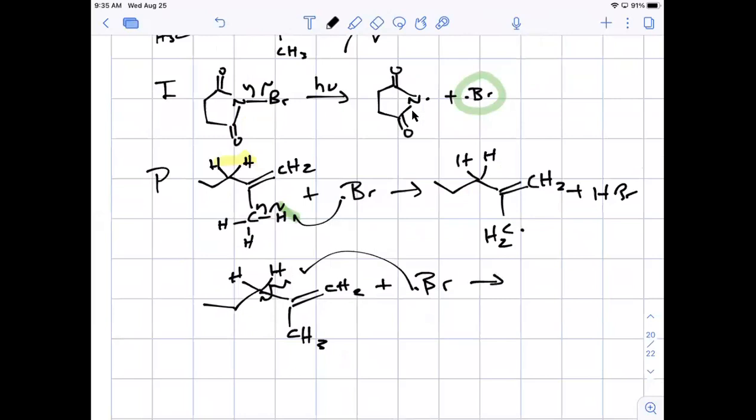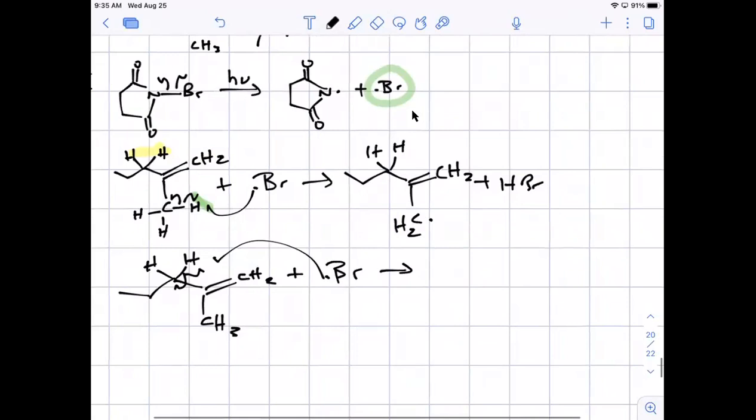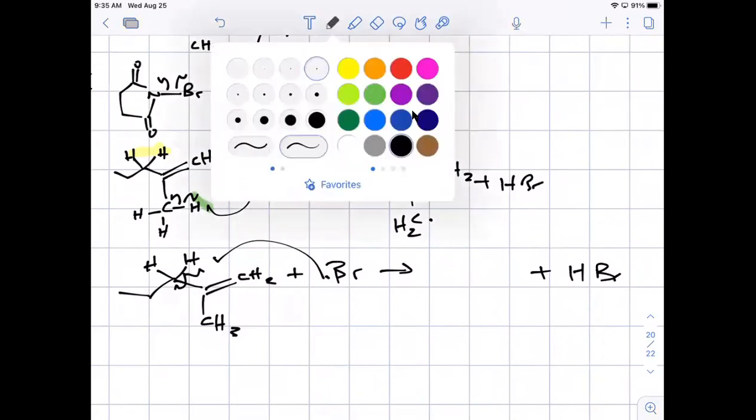So that means I'm abstracting a hydrogen with bromine. So I'm going to get as one of my side products HBr. And then my radical is going to look like this, and keep in mind, I am abbreviating this, by the way.